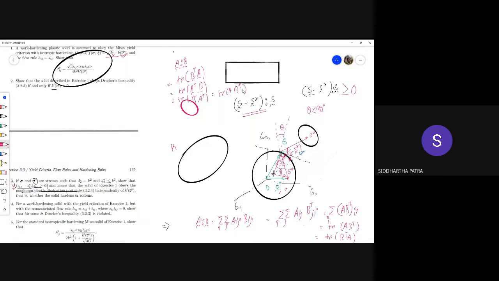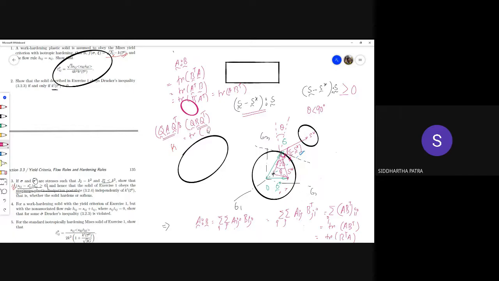Now, if instead of A, I rotate A into a different coordinate system, which could also be the principal directions for the stress matrix, and take the inner product with B, that would be the trace of this times this transpose.